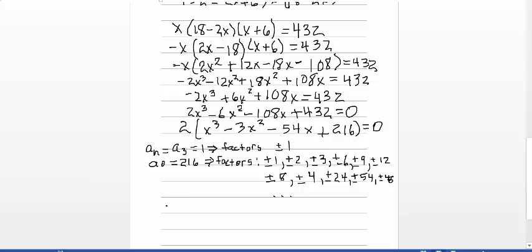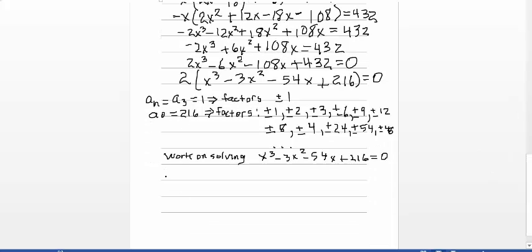I've got quite a few of them. Obviously, the ones that are going to work are probably going to be the ones that are between 3 and 12. The others are too small, the others are too big. So we're going to work on solving x cubed minus 3x squared minus 54x plus 216 equals 0.